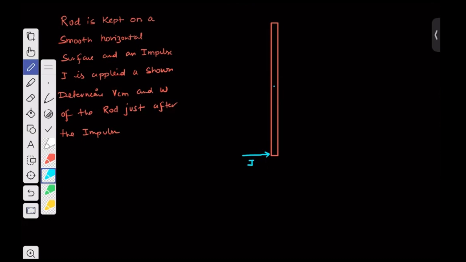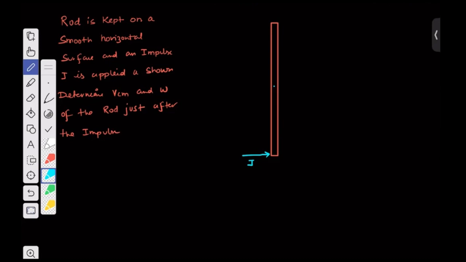We are applying a force which lasts for a very small time, but that force is of very large magnitude such that it can cause a finite change in the momentum, even though it acts for a very small time. Like you can keep a pencil on the table and strike it at one of the ends. I am asking you, what kind of motion must the center of mass have just after the impulse?